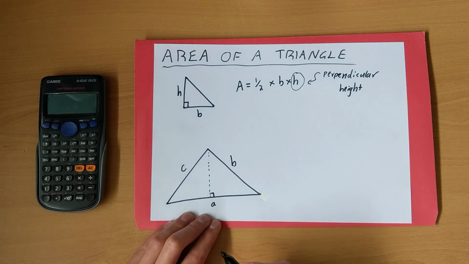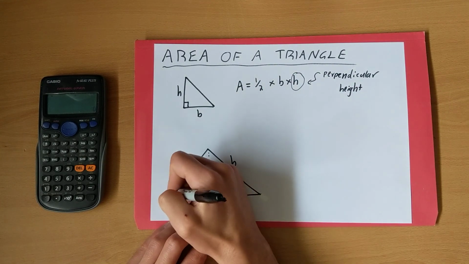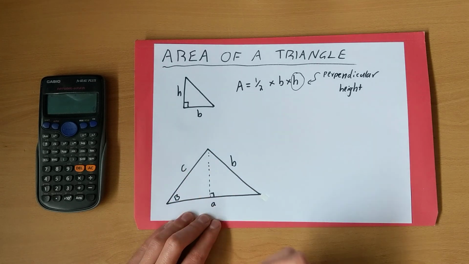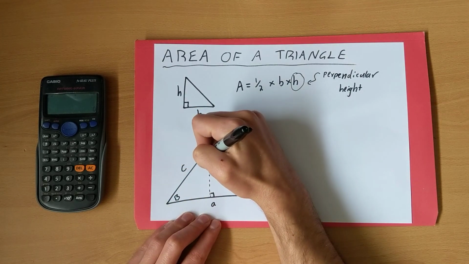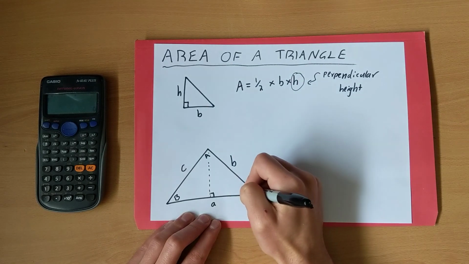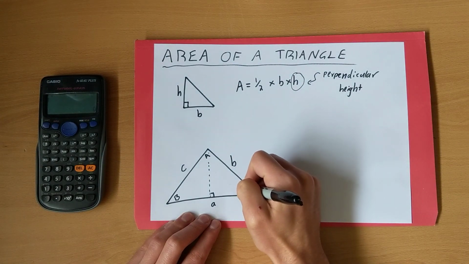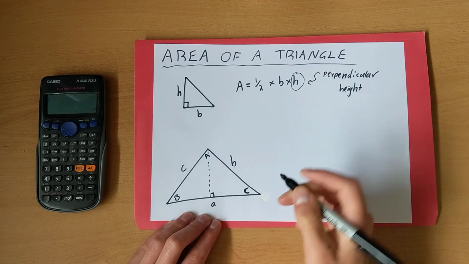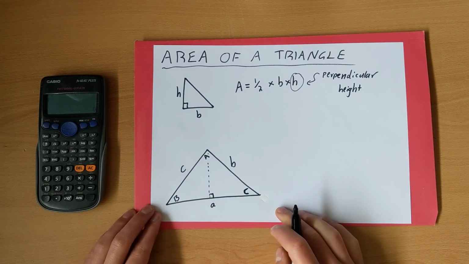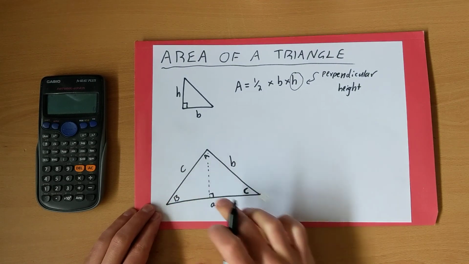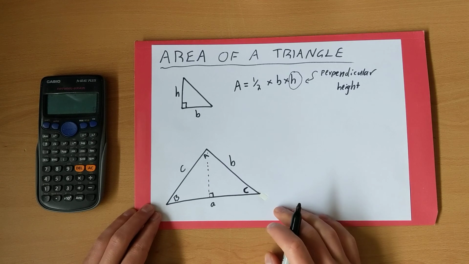So the angle opposite the b side is going to be angle capital B. This one here will have angle capital A, and this will have angle capital C. Okay, so we've got our triangle that has side lengths a, b, and c, and angles A, B, and C.